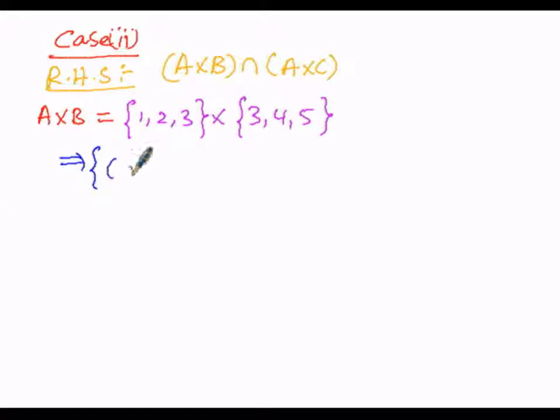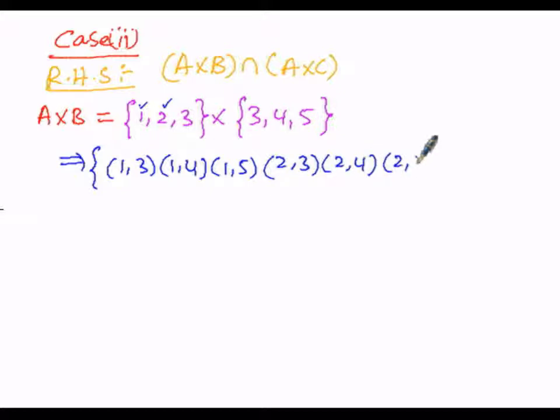So with 1 comma 3, 1 comma 4, 1 comma 5, 2 comma 3, 2 comma 4, 2 comma 5, and the latter 3 comma 3, 3 comma 4, 3 comma 5.